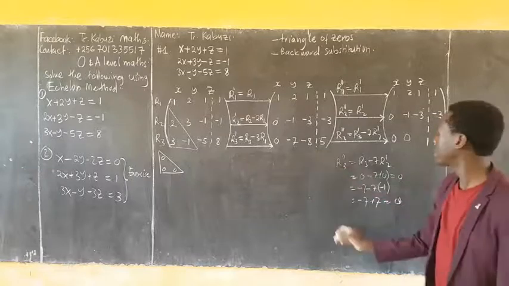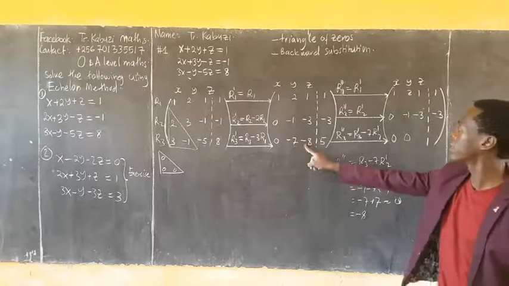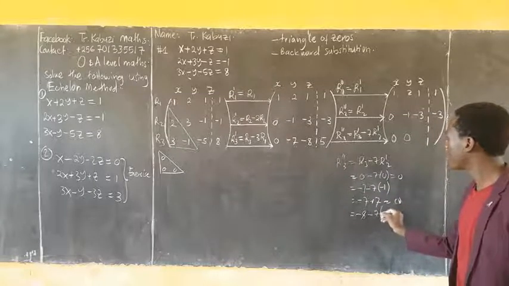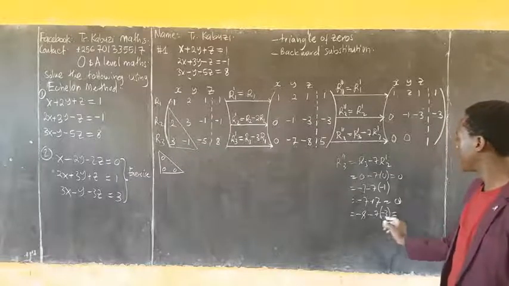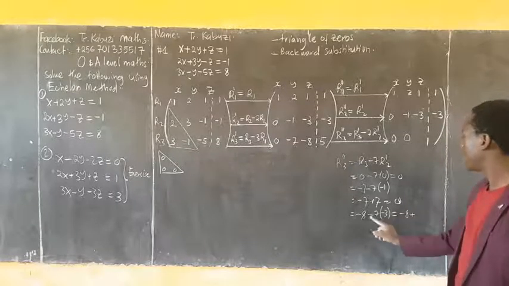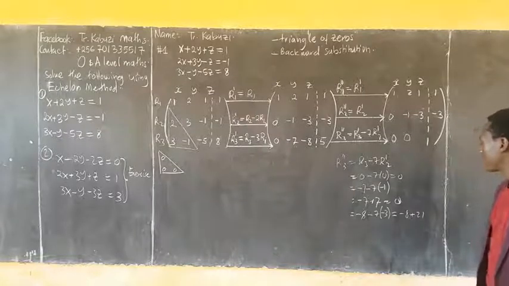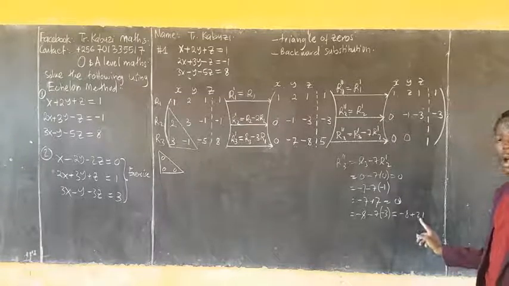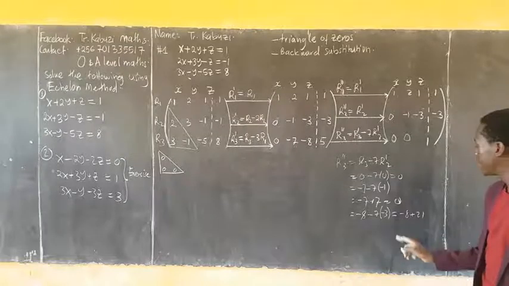When I come to this, I have negative 8 in row 3, minus 7 into the corresponding. Let me see, this is negative 8 plus 21. And then when you subtract, you say 21 minus 8. I think you get 13.